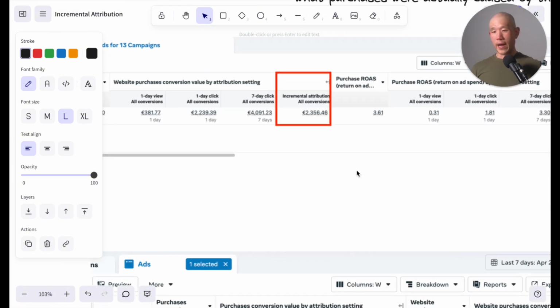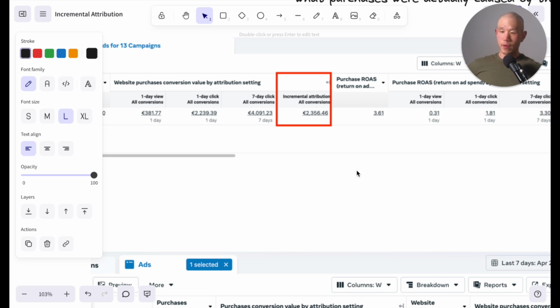The incremental attribution column and setting doesn't give you the perfect truth, but it does give you better direction. And in this game, direction compounds. The closer you get to understanding what's actually working and actually generating sales and profit, the easier it becomes to let go of what isn't.